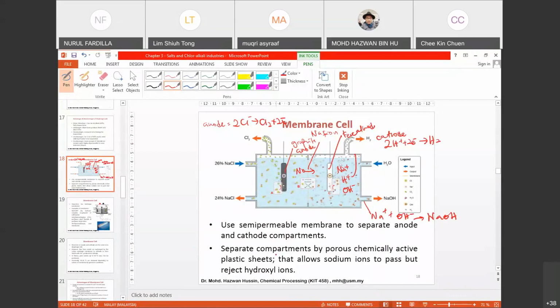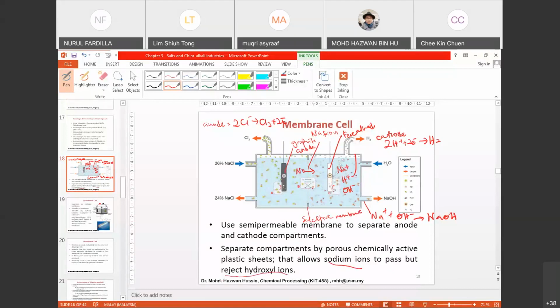So the separation of compartments by porous, chemically active plastic sheets allows sodium ion to pass but rejects hydroxide ion. So the use of Nafion or a semi-permeable membrane is known as a selective membrane, because it allows sodium to pass through but rejects hydroxide ions.